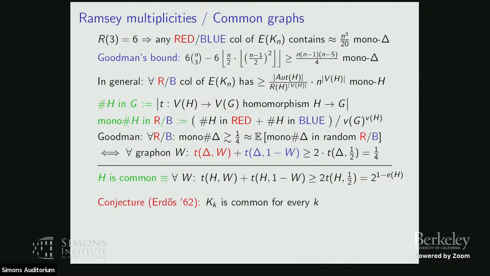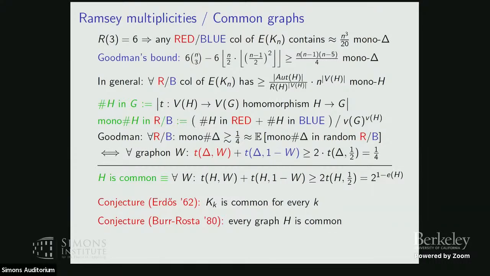So what graphs are common apart from the triangle? There was a conjecture in the 60s that every complete graph is a common graph. And then Erdős and Sós conjectured that maybe every graph H is actually common.